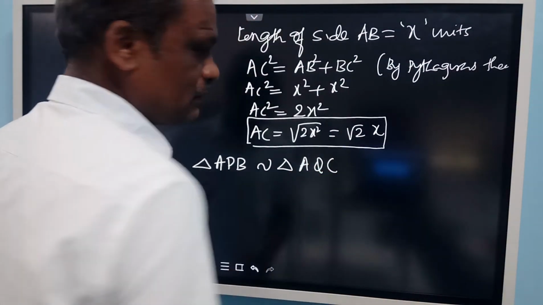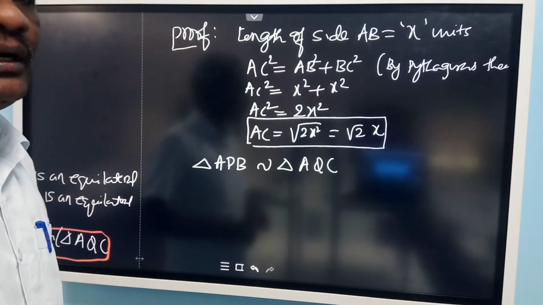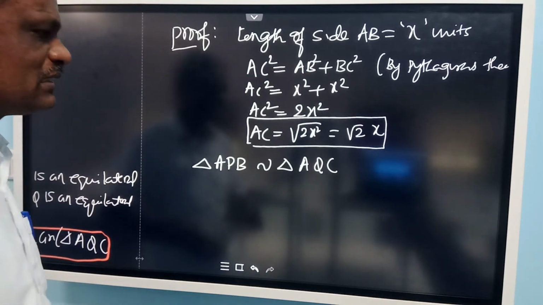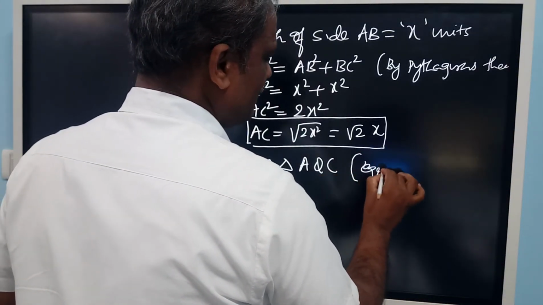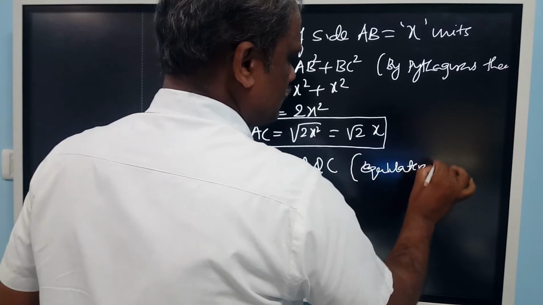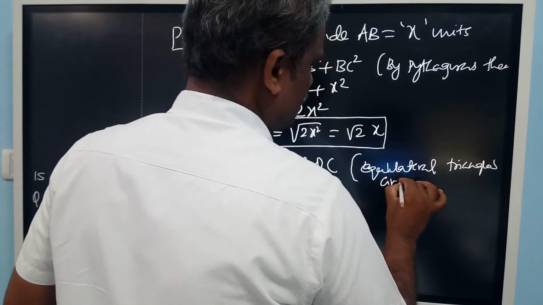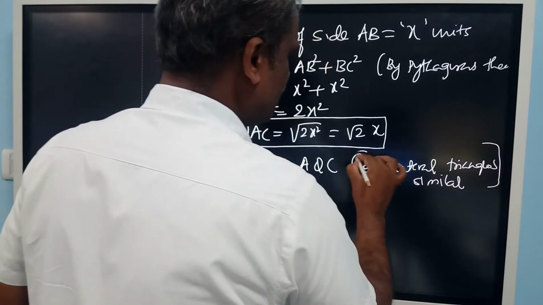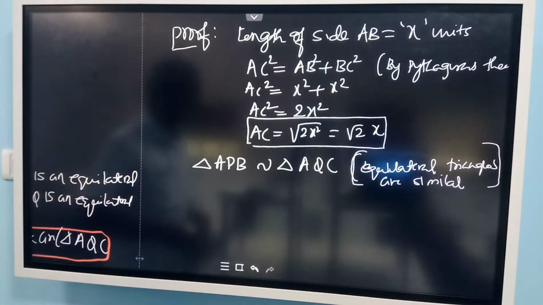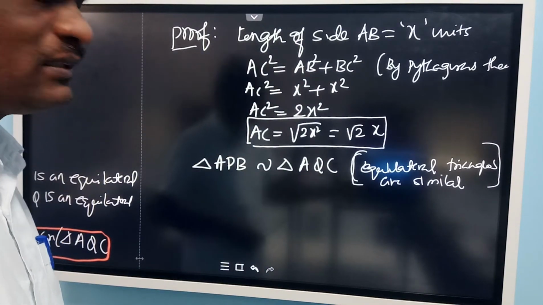All equilateral triangles are similar because they are equilateral triangles. Equilateral triangles are similar because each angle measures 60 degrees. The corresponding angles are equal. Hence, by AAA similarity, I can write the triangles are similar.